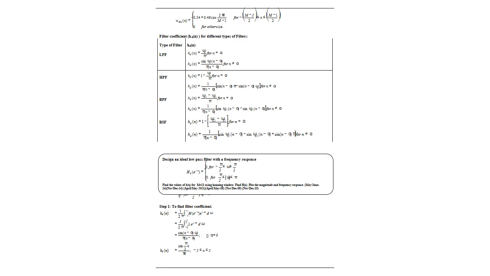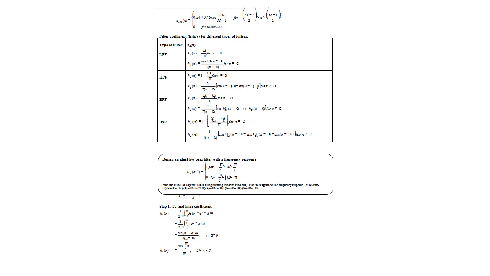If n is not equal to alpha, 1 by pi into n minus alpha into sine omega c2 into n minus alpha minus sine omega c1 into n minus alpha. If it is a band stop filter, n is equal to alpha means 1 minus omega c2 minus omega c1 by pi. If it is not equal to alpha, 1 by pi into n minus alpha, sine omega c1 into n minus alpha minus sine omega c2 into n minus alpha plus sine into n minus alpha into pi.